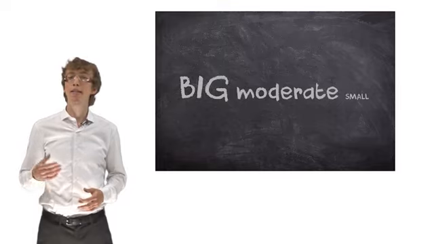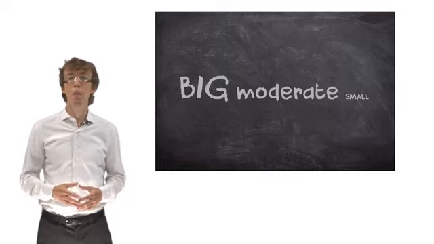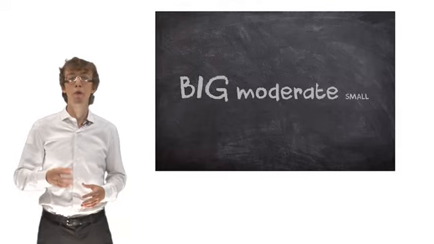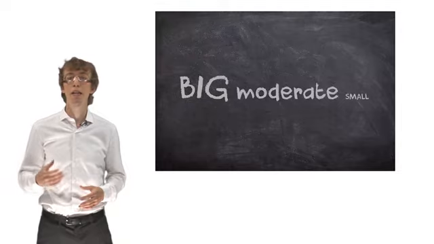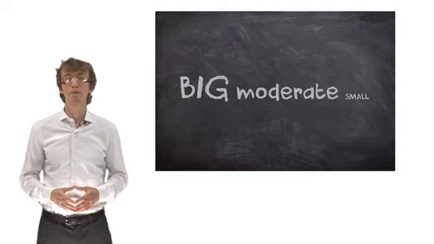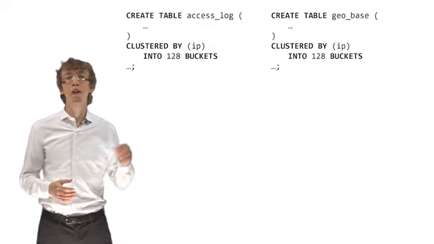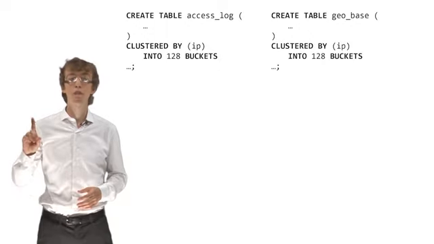Operating moderate-sized tables, you can't execute a simple map side join, but there is room for improvement. Tables bucketed and joined by the same set of columns can benefit from bucket map side join. Without loss of generality, let us consider a join of two tables by one column.